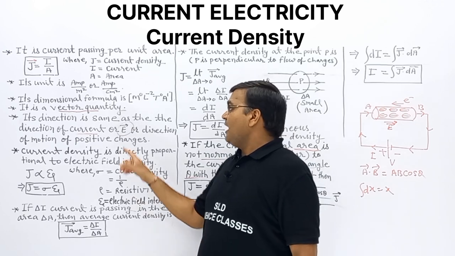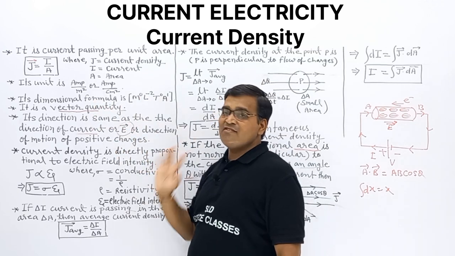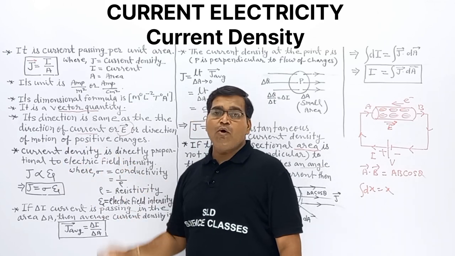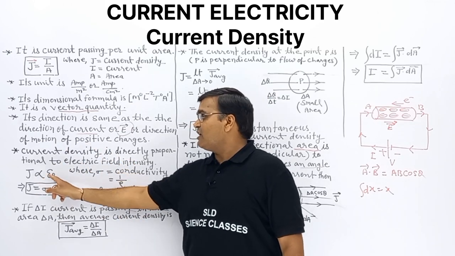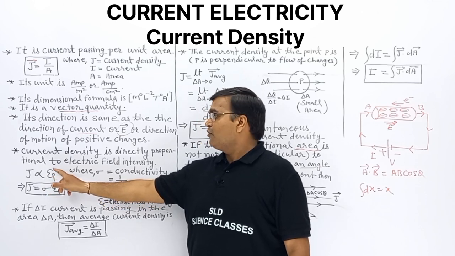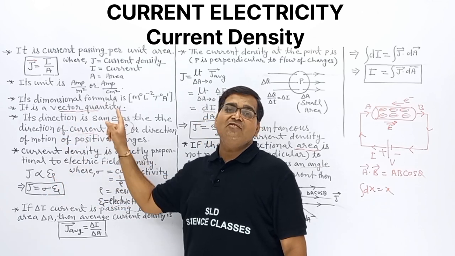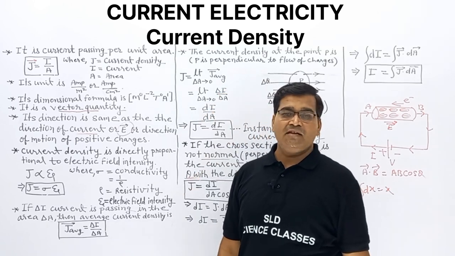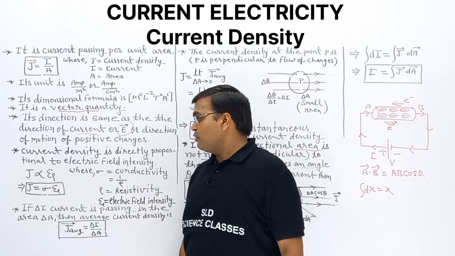Clear? And its dimensional formula is this one. We also studied in Ohm's law that current density is directly proportional to electric field intensity, because current density's direction is the same as the electric field direction. So we get this formula.